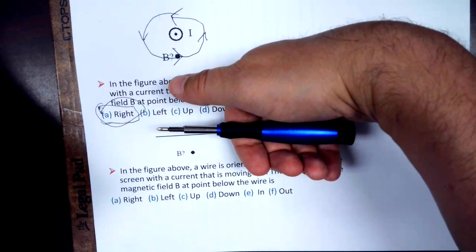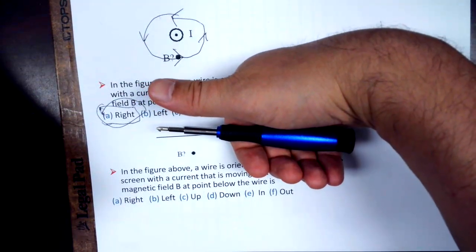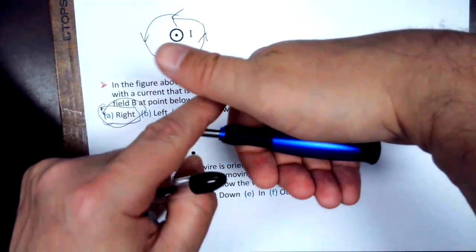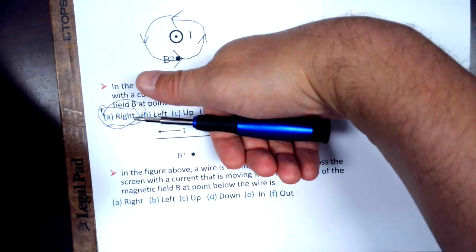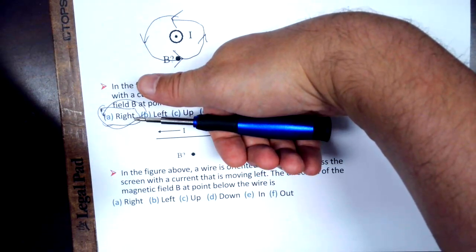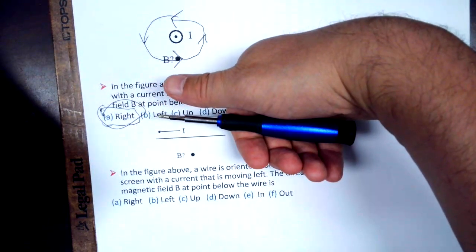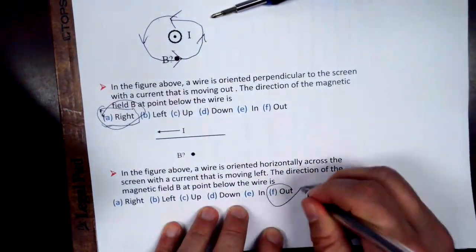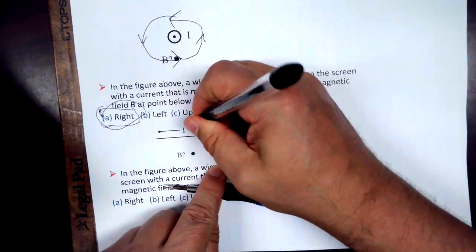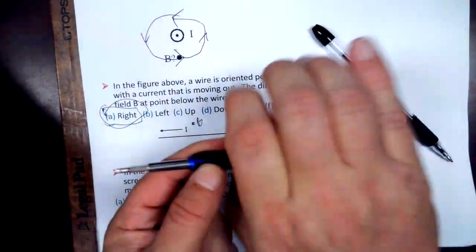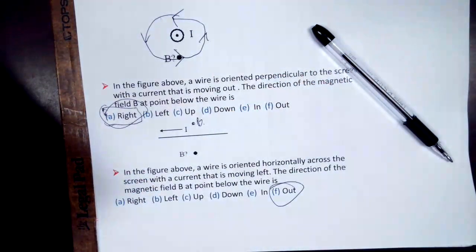If I'm driving a car in a circle, so to speak, looping around my fingers, when I reach point B the headlights of the car would be pointing out of the page. So the magnetic field at this point below the wire is going to be pointing out of the page. Here, our correct answer is out. If we put B up here, then it would wrap around and my fingers would be pointing into the page, so the answer would be into the page.